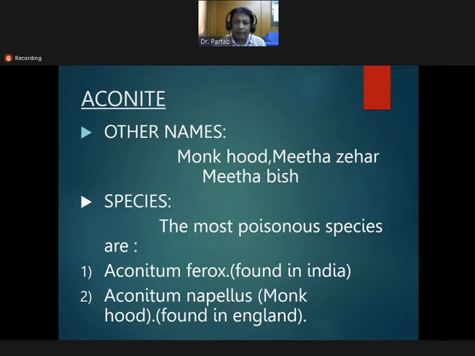Aconitum napellus, or monk's root, is found in England and the European countries, mostly in the hilly areas. Aconitum napellus in the European countries, Aconitum ferox in the Indian subcontinent. It's commonly used as a quack medicine, an aphrodisiac medicine.